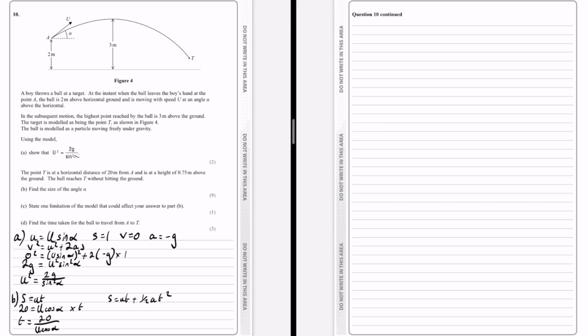Then going back to the vertical direction, s equals ut plus a half at squared, which tells us that it's 0.75 meters above, so the displacement from the start position is minus 1.25. So minus 1.25 equals u sine alpha lots of t plus a half negative g lots of t squared.